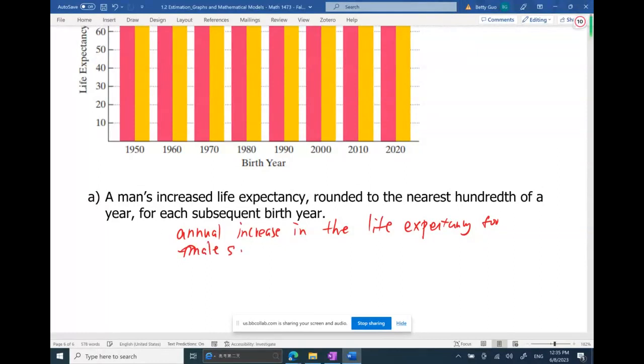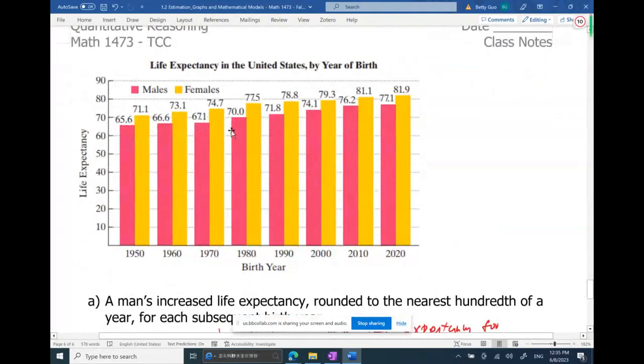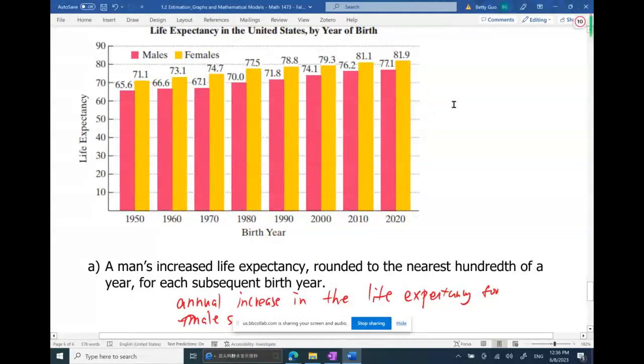Okay, for males. So we only look at the red bar from 1950 to 2020. In 1950, the life expectancy is 65.6, and then goes up. By the end of 2020, the life expectancy of male is 77.1.